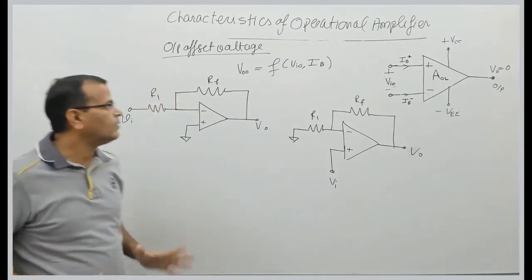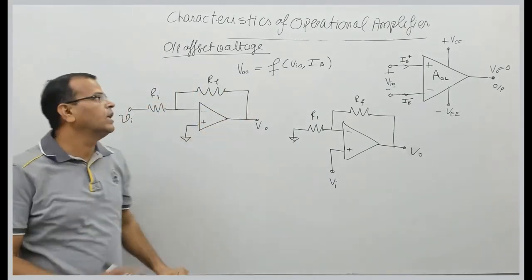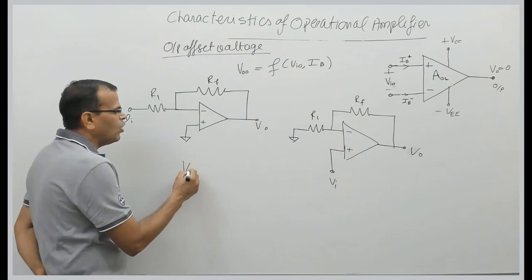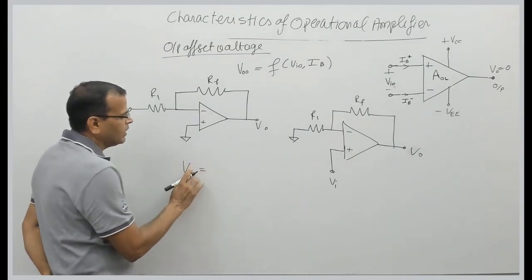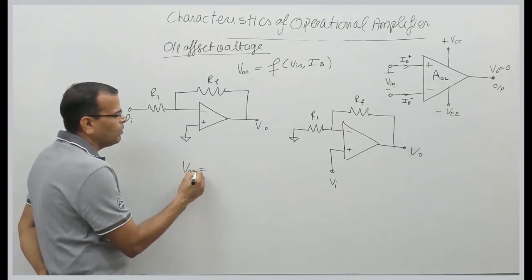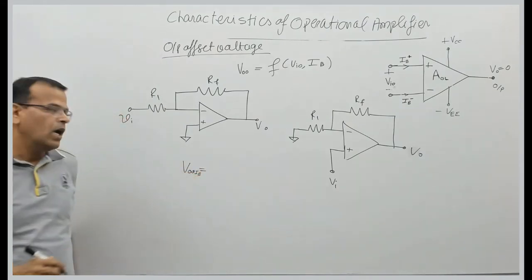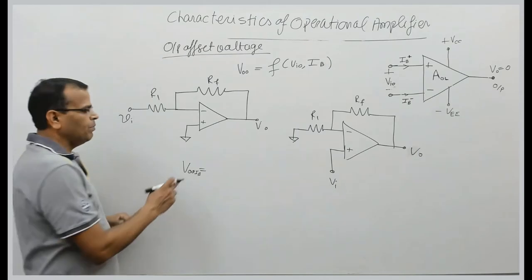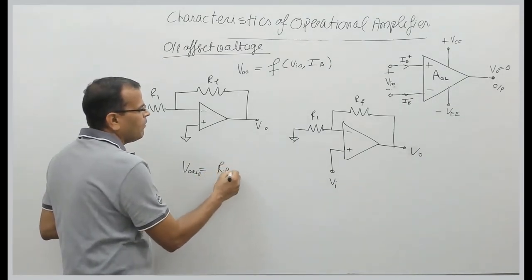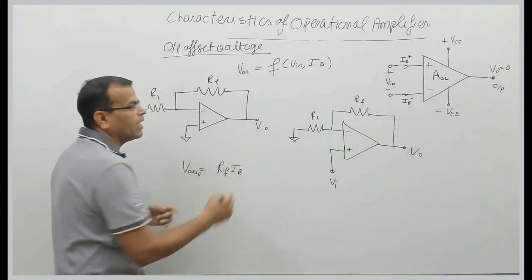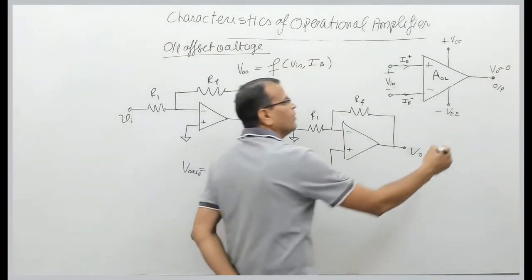In both the cases, the expression of output offset voltage due to input bias current, that is VOO, because of input bias current, is given by RF into bias current. And you know what is bias current? I have already given you the expression.